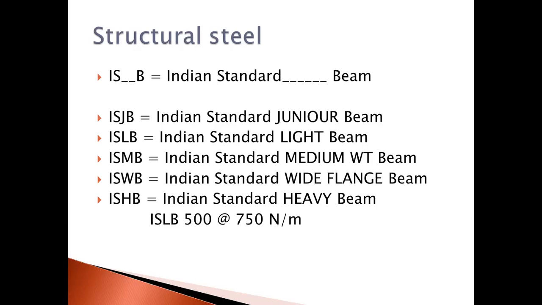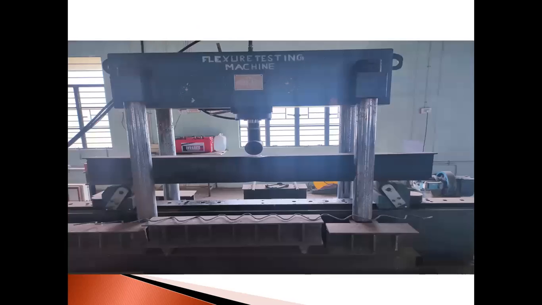So let's see how the I section looks. Okay, this is the flexural testing machine. With the help of this, we can test the bending ability of a beam. In this we have an I section.